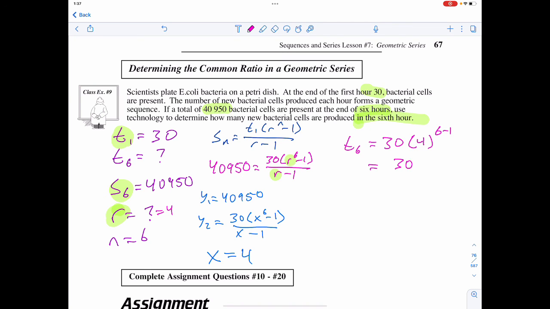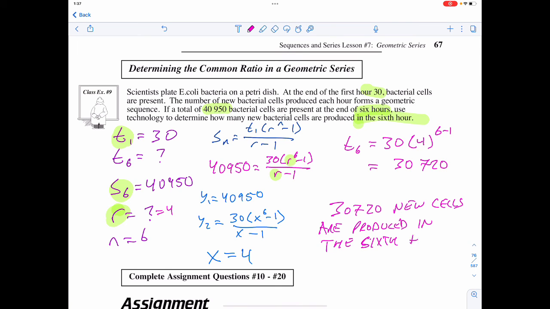T6 is 30,720, so 30,720 new bacteria cells are produced in the 6th hour. And that's it.